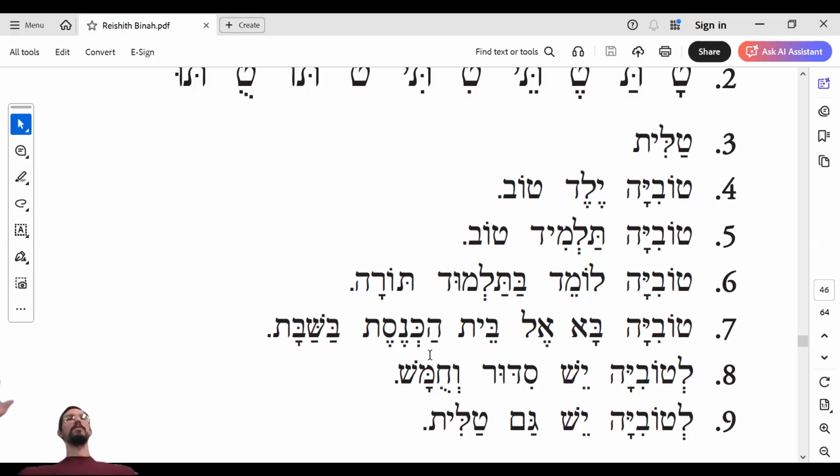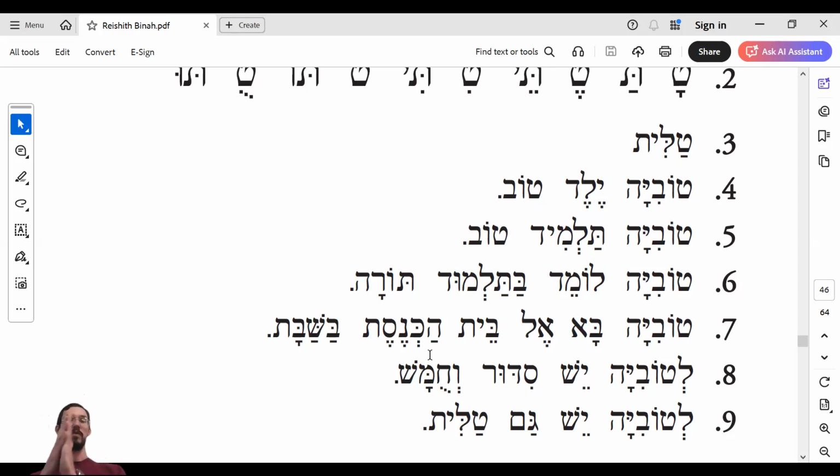The whole body of instruction mediated by the sages from God to the Jewish people.